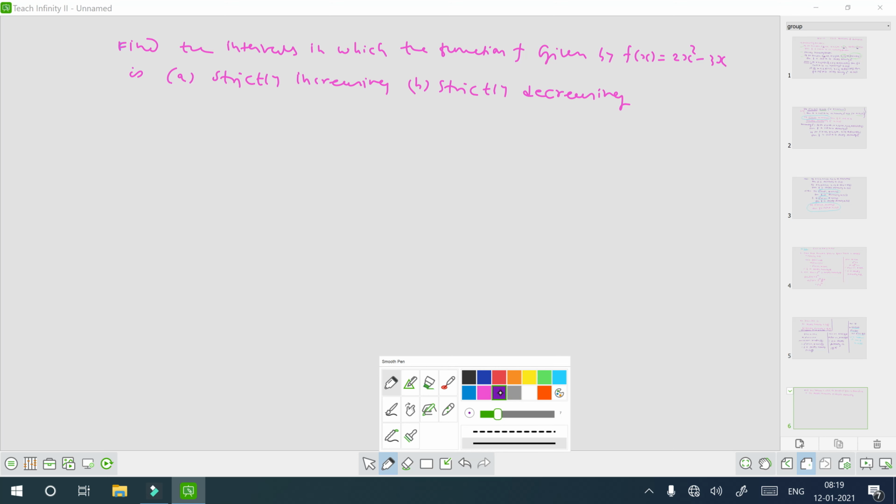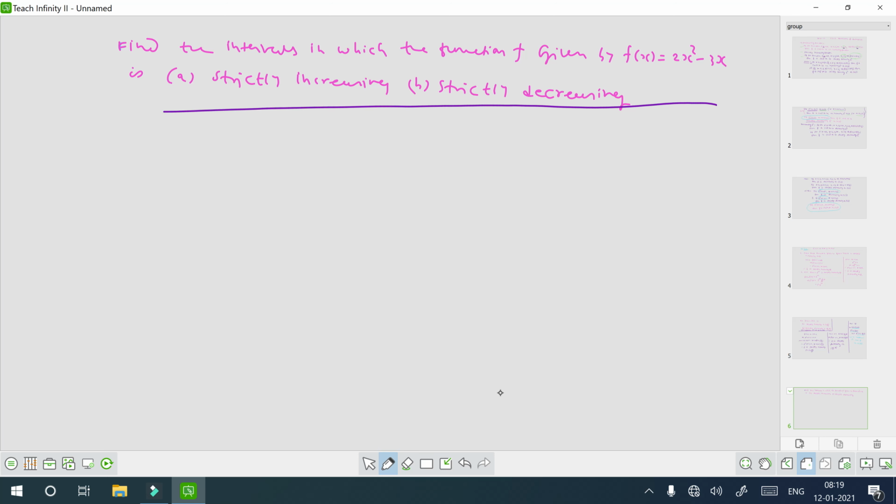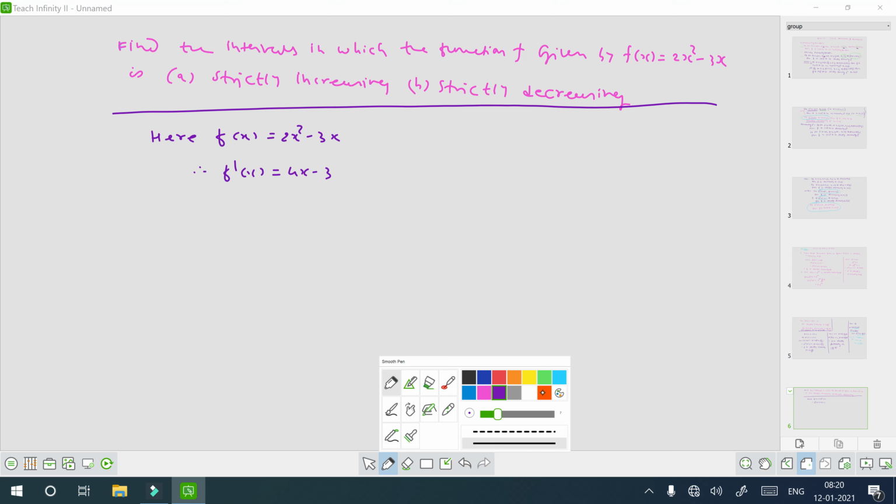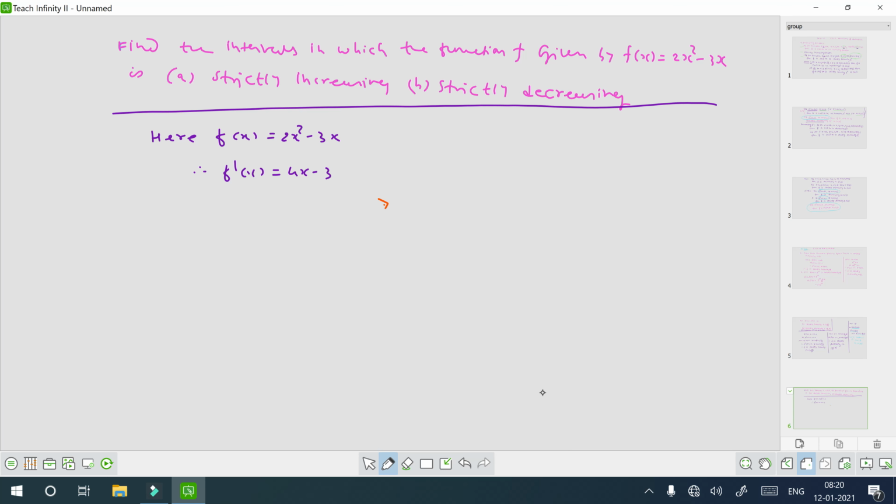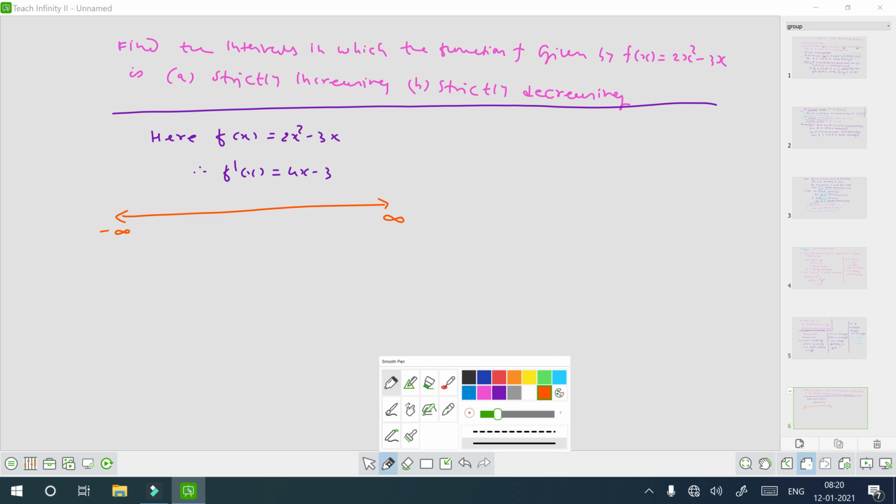Very simple thing. First of all, find out derivative of a given function. What is f dash x? 4x minus 3. Now draw a real line, that is minus infinity to plus infinity.